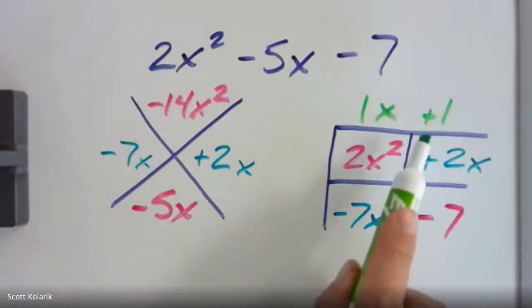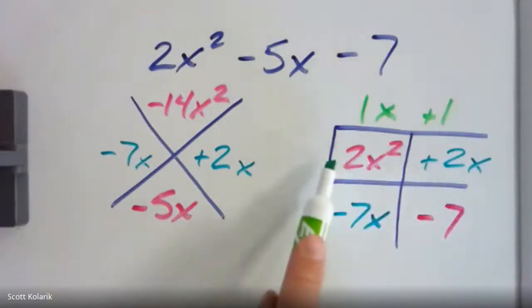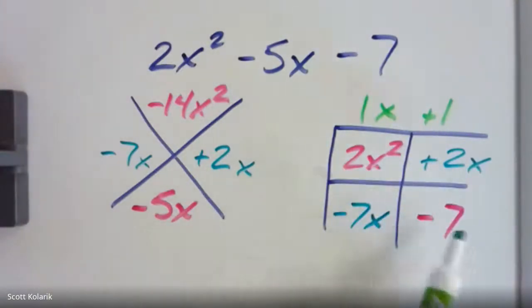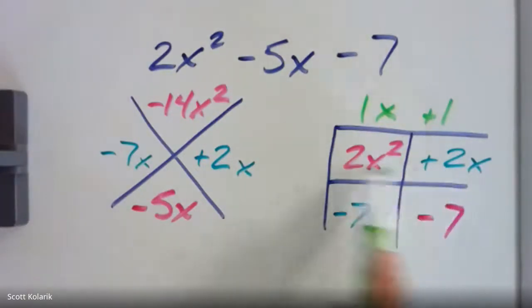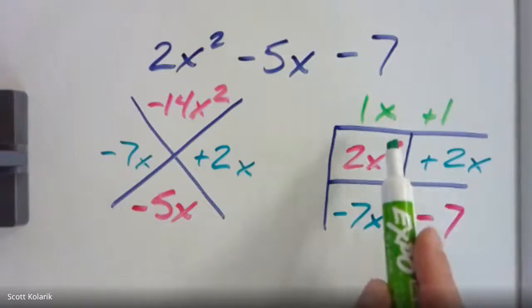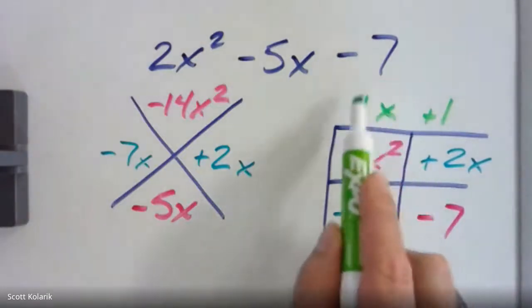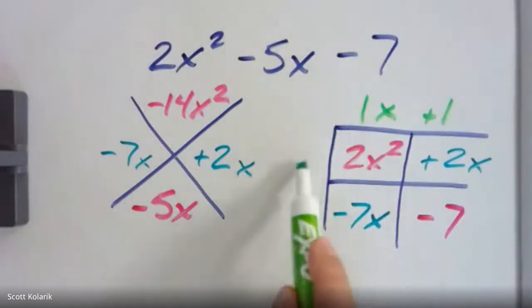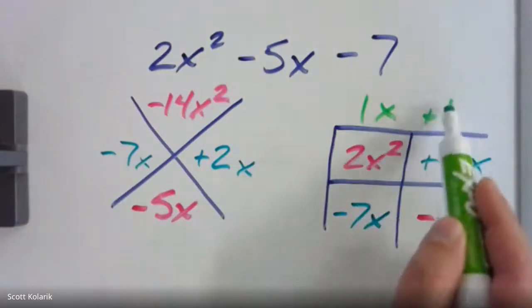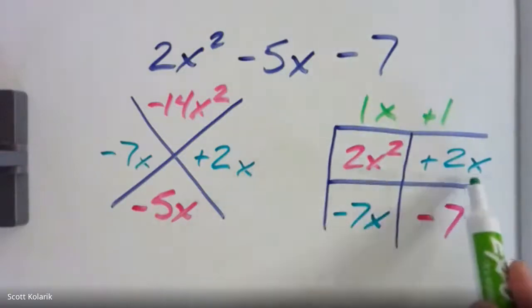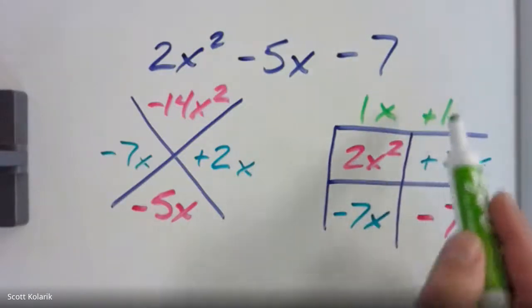Okay, so now over here, I would find the common factors for my rows, right? And you could deal with it the same way, numbers and letters. Or another way to think about this is that this 1x is going to multiply by something to give me this 2x squared, and this positive 1 is going to multiply by something to give me this positive 2x, because that's how this table works.